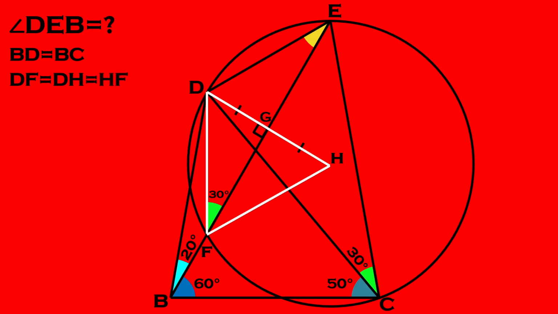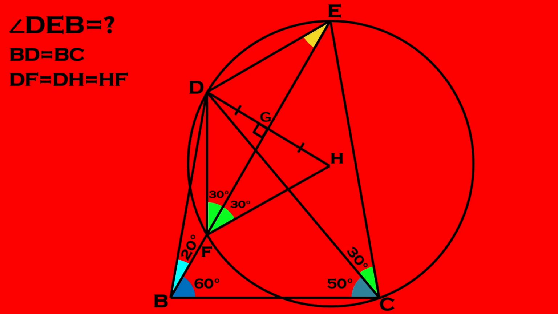Therefore, DF will be equal to DH, which is equal to HF, and so the white triangle is equilateral. Because of that, each of its angles must be 60 degrees.